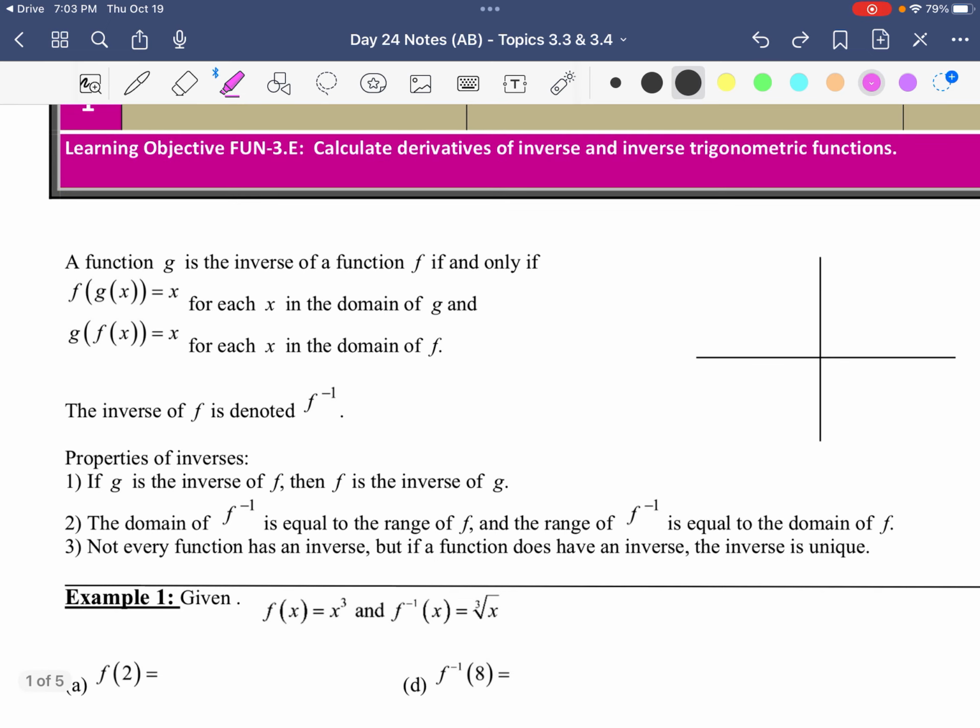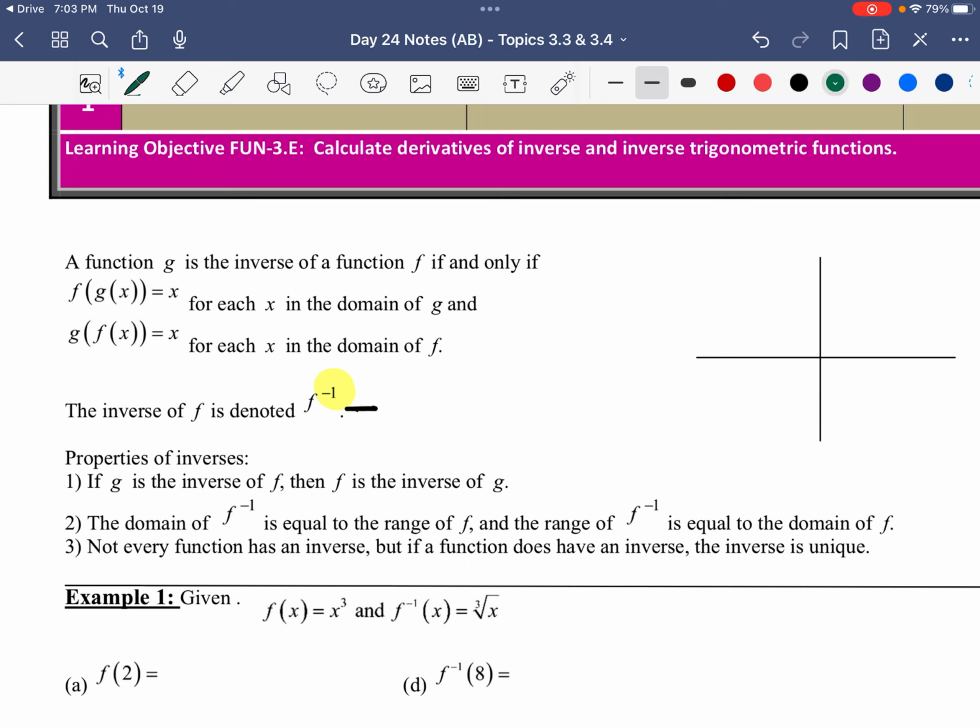Okay, so the way we denote inverse is with this f to the negative 1. We have to be really careful here. This is not an exponent. Nobody really asked me whether I thought this notation was okay or not, but in this context, it is not an exponent.